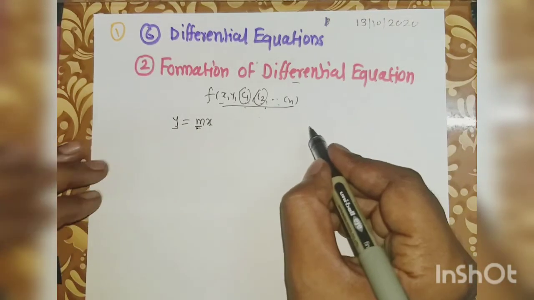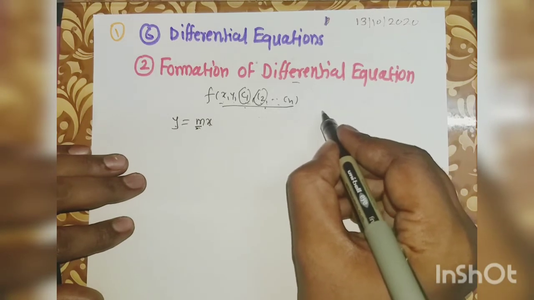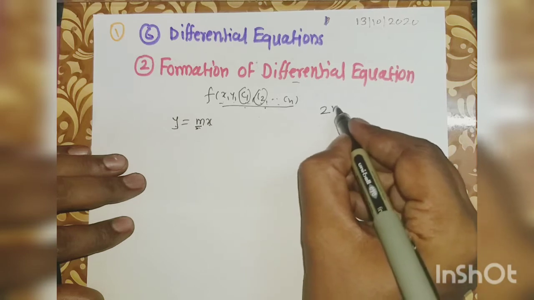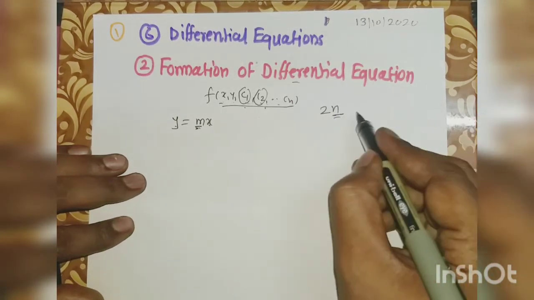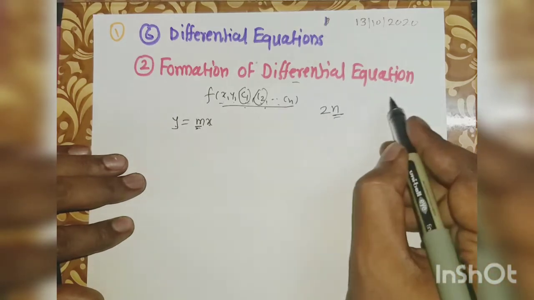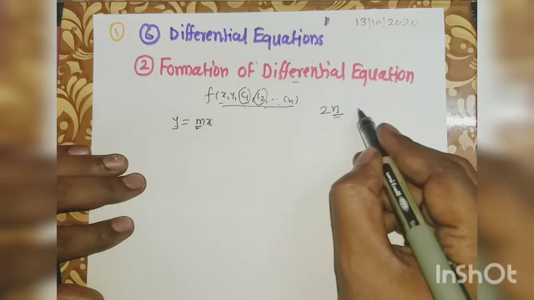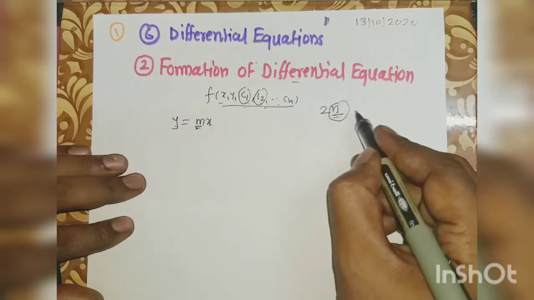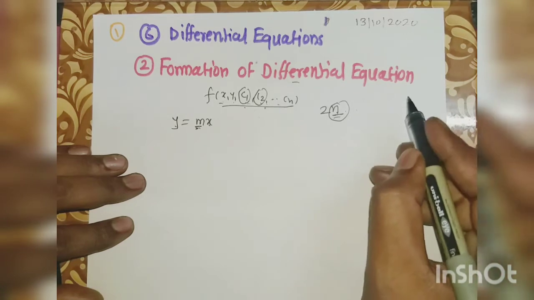For example, take the numbers which are divisible by 2. Suppose we take 2n with n equal to 1, which gives 2, divisible by 2. n is equal to 2, 2 into 2 is 4, divisible by 2. Now we take n as 1, 2, 3, different values, therefore such a type of constant, this n, is called an arbitrary constant.